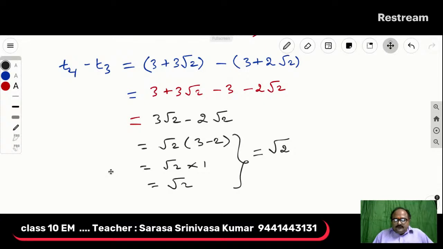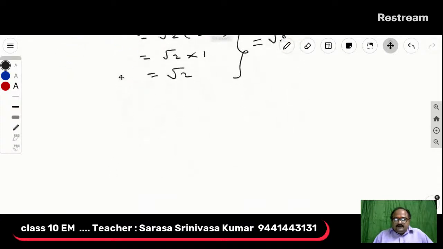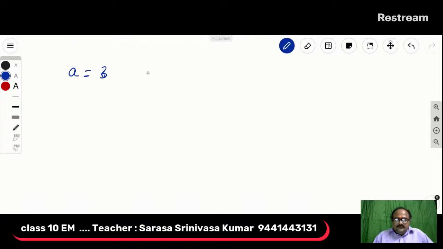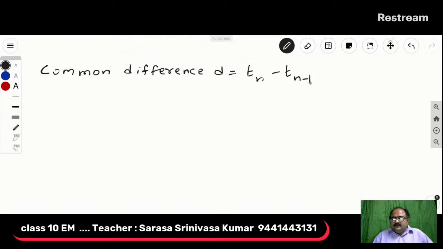Now, we observed that these numbers have common difference square root of 2. So, we write a equal to 3. Therefore, common difference d equal to nth term minus n minus 1th term.